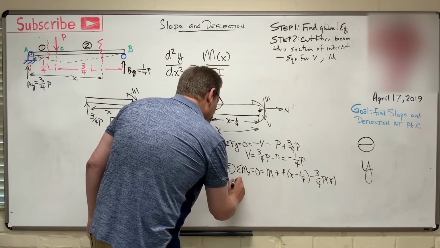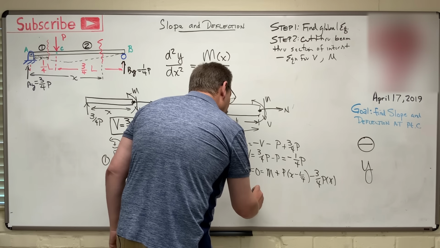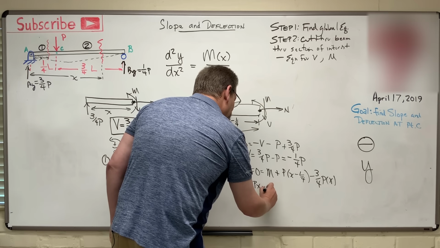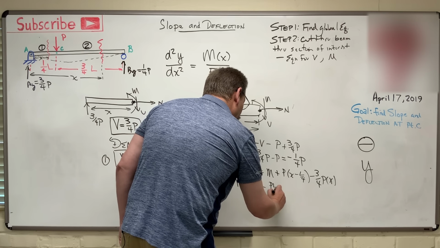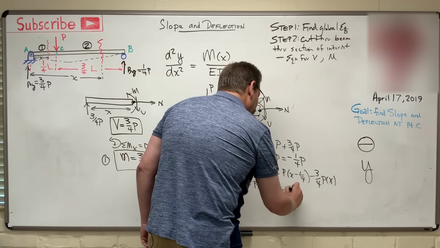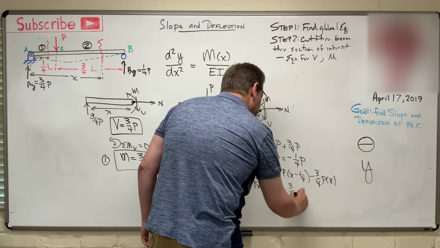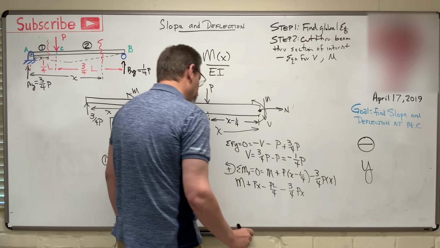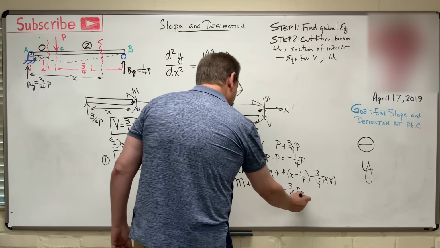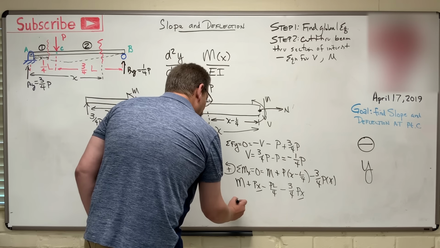So M plus PX minus PL over 4, minus 3/4 PX. The PX's go together, don't they? That and that go together.